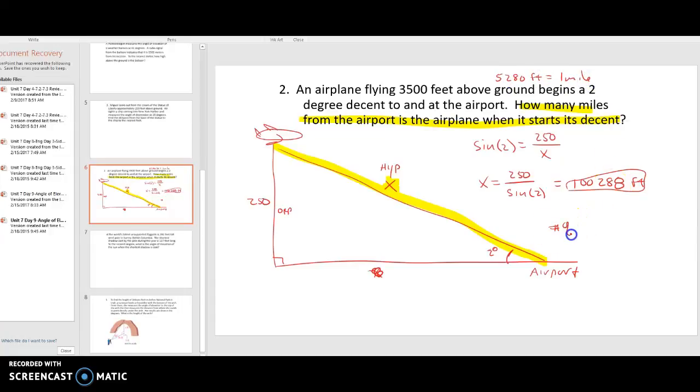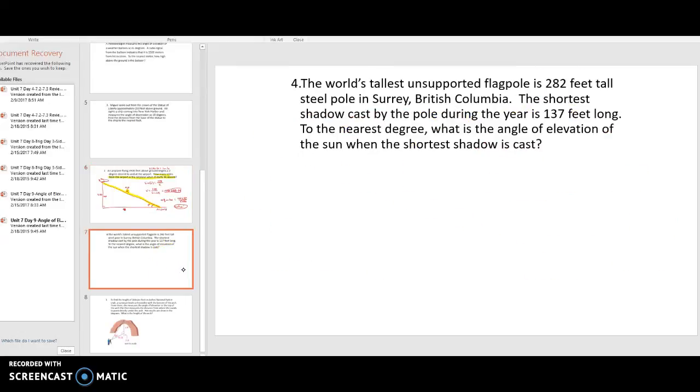So the number of miles would be 100,288 divided by 5,280, which gives you approximately 19 miles. Okay, so for tests and quizzes, converting to miles isn't going to be required, but just to give you an idea.